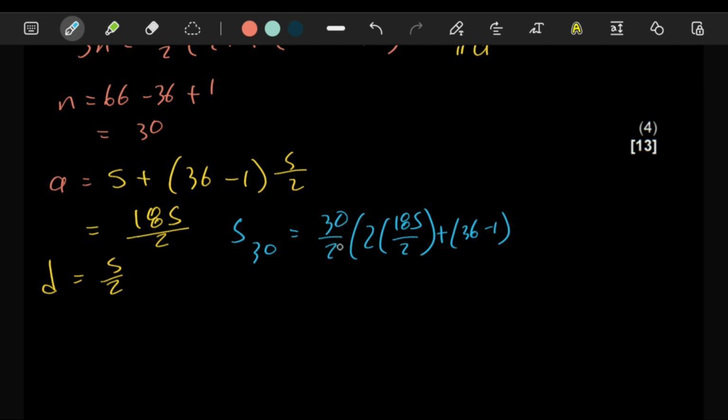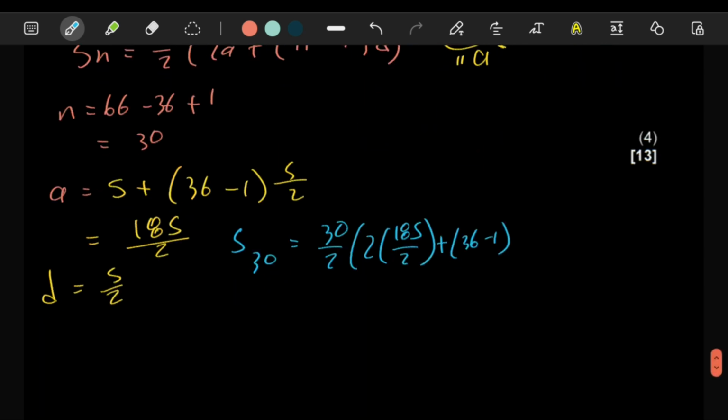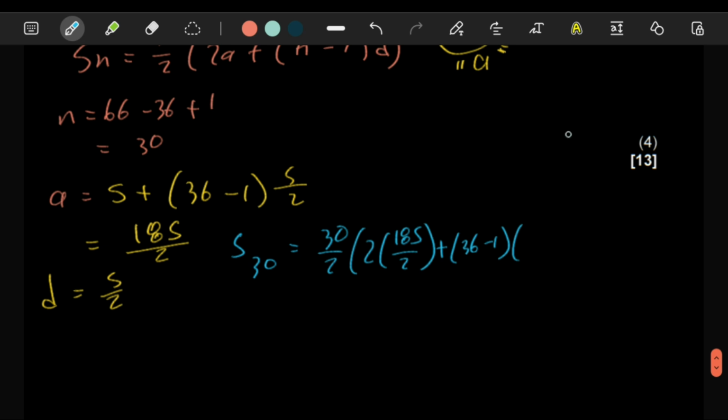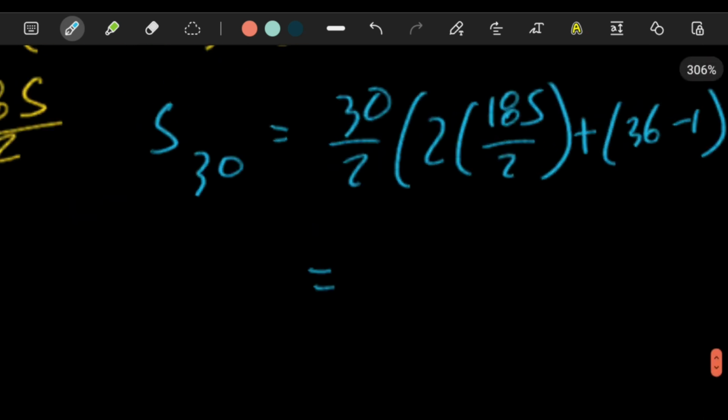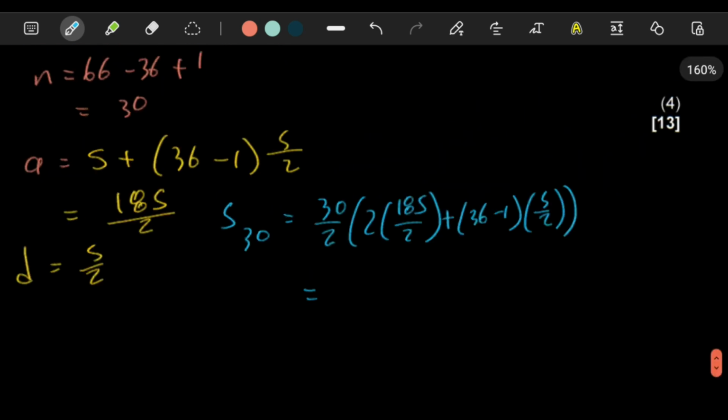Yeah, n/2, 2a plus n minus 1. What is d? D is going to be 5/2. There we go. So here we just have to put everything into the calculator, do we? Yeah, we do.